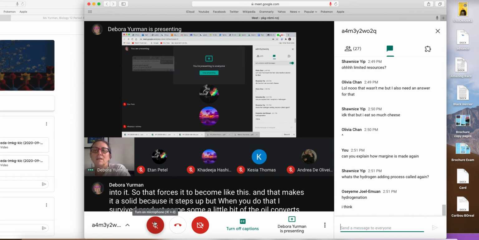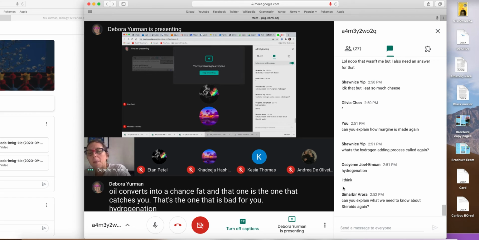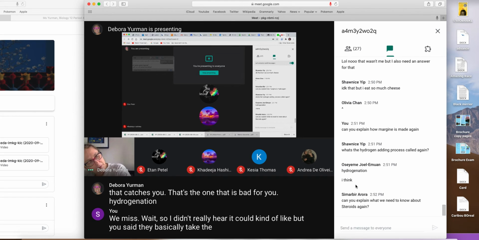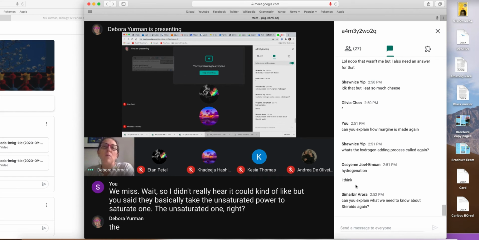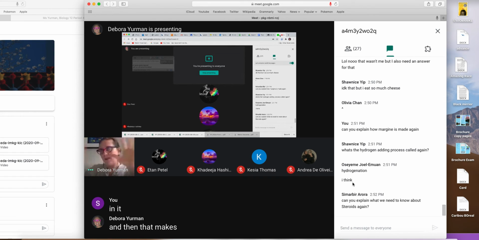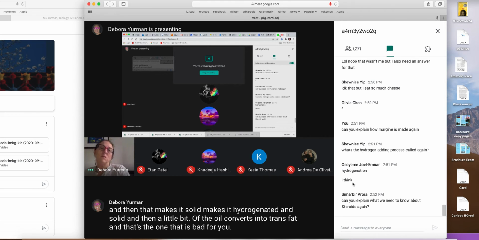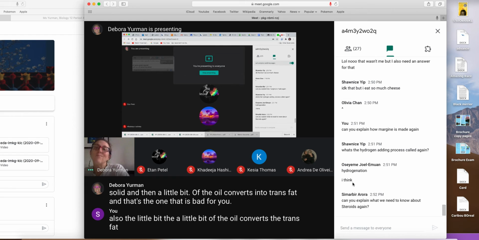Hydrogenation. Wait, miss. So I didn't really hear it, but you said they basically take the unsaturated fat or the saturated one? The unsaturated one, they pump hydrogen in it, and then that makes it solid, makes it hydrogenated and solid, and then a little bit of the oil converts into trans fat, and that's the one that is bad for you, right?